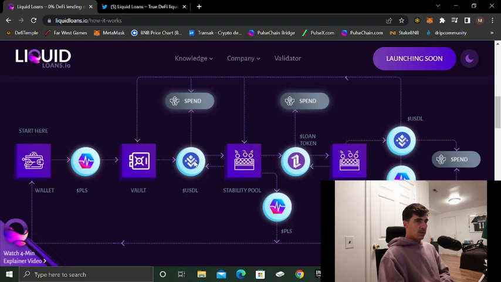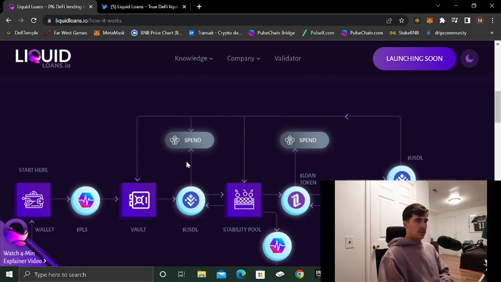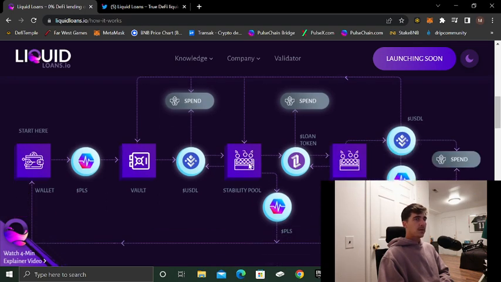With that USDL, you can spend it, do whatever you want with it, or you can put it in the stability pool. What the stability pool does is, when a loan is liquidated, you get Pulse.